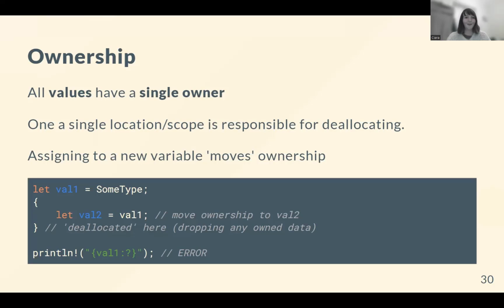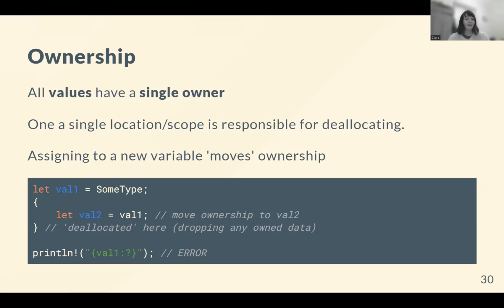Let's plow on with ownership. So in Rust, you have this idea that all values have a single owner, and one single location or scope is responsible for any deallocation that needs to happen. When you assign to a new variable, you move that ownership. So in this example, you're saying let value1 equal some instance of some type.